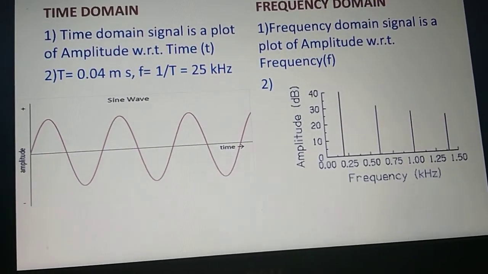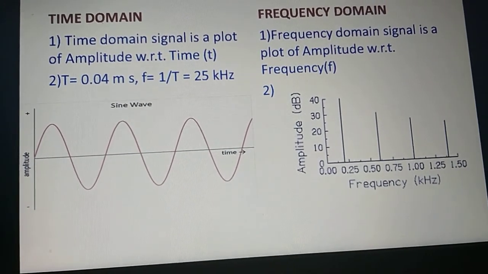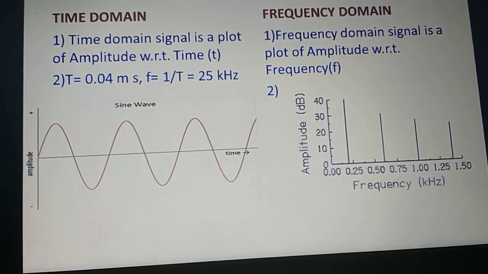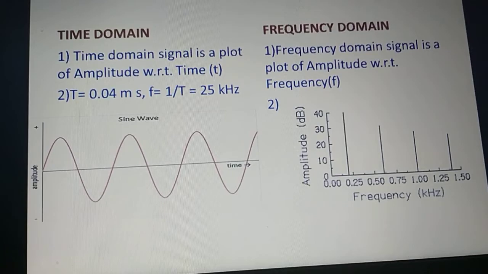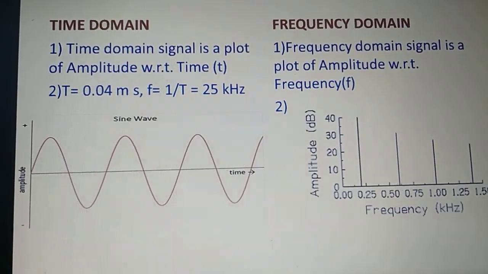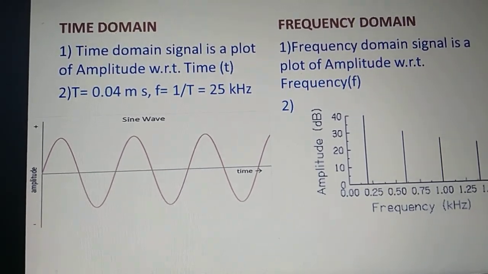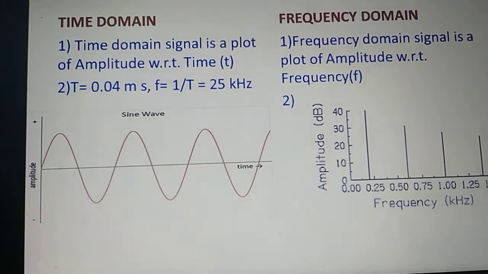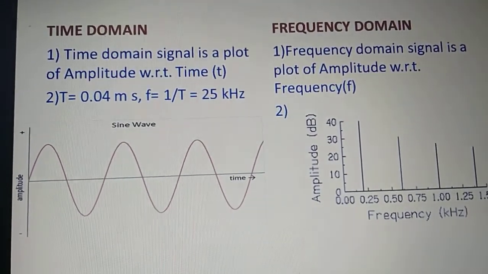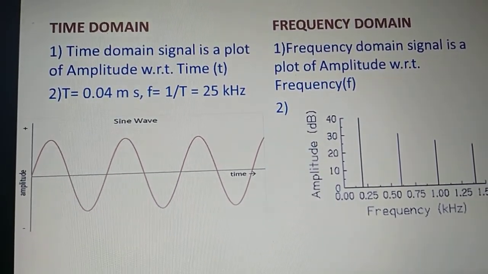Here you can see the graph plotted for a sine wave, and the graph is time against amplitude, or amplitude versus time. Let us consider the time period of this sine wave signal is T equals 0.04 millisecond, and therefore you can easily calculate the frequency, which is the reciprocal of the time period.